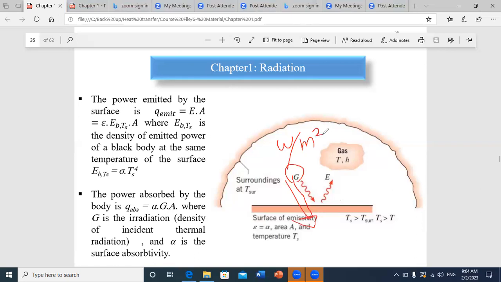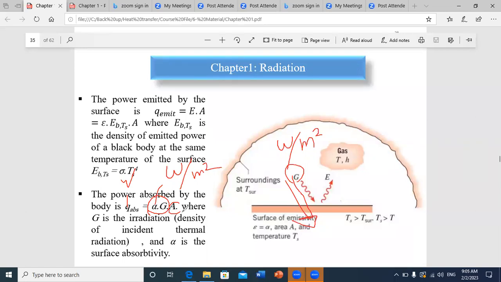But as we mentioned, a fraction of it will be reflected and another fraction will be absorbed. The absorbed one is equal to alpha times G. So alpha times G will give you the absorbed value in watt per meter square. Now, if you want to get the absorbed rate in watt, all you have to do is multiply by the area. So in total, the flux that will enter the surface due to radiation is alpha times G times A.